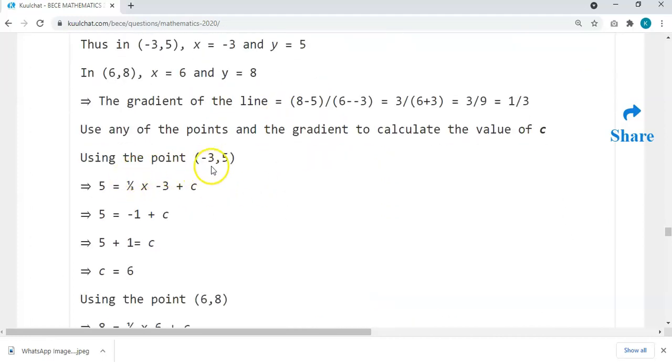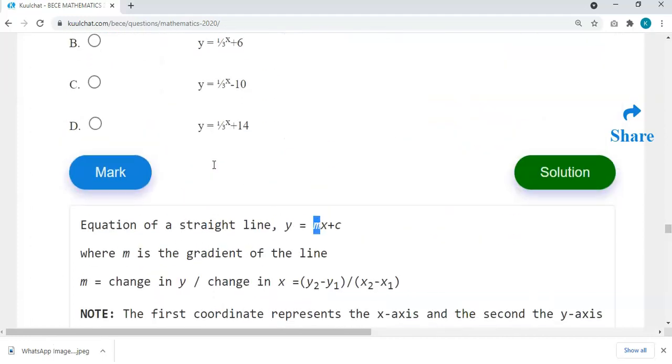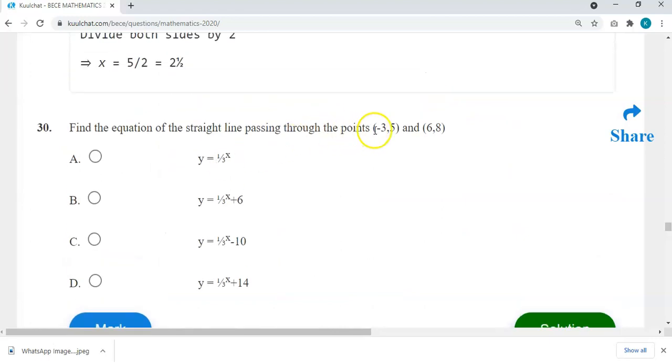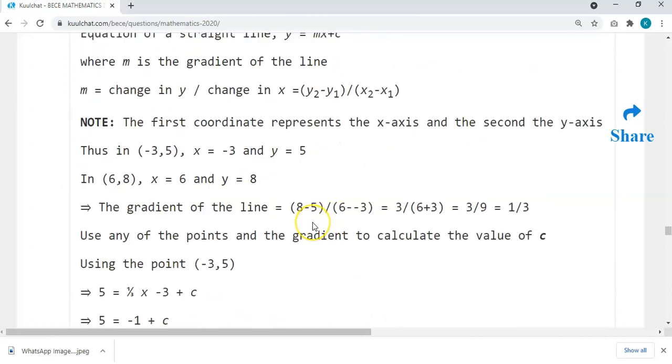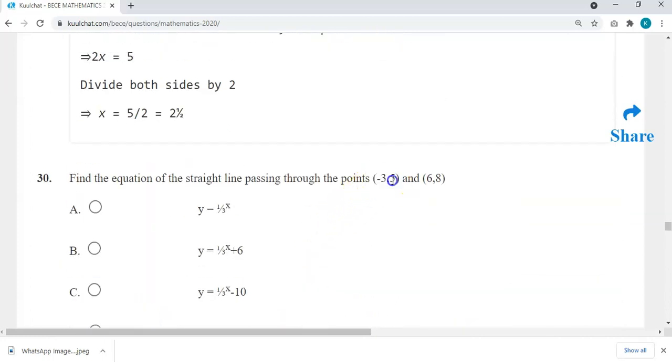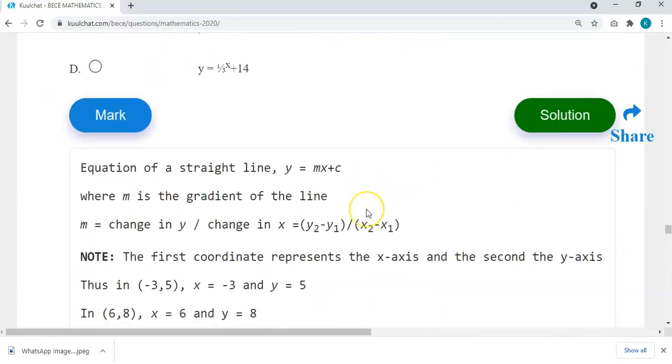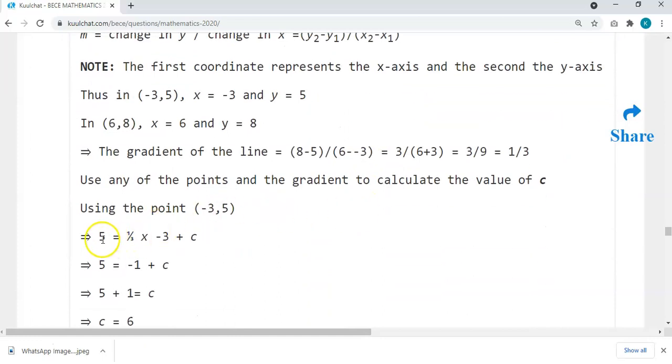So when using the point -3 and 5, the points which we were given, our x is -3 and our y is 5. So our y, which is this one, is equal to our gradient, 1 over 3, times our x here, which is -3, plus our c.